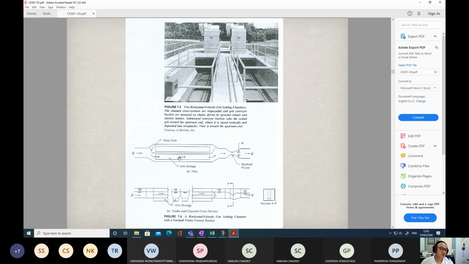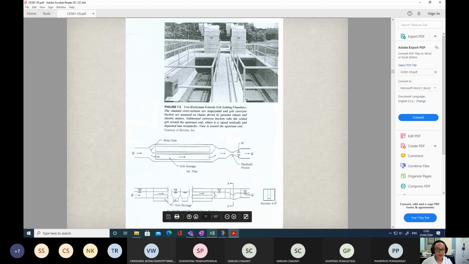For water and wastewater treatment, it's always like that. We normally need to provide at least two chambers. We never use only a single unit for the treatment. As I told you, if we only have one unit and there's something wrong, the community will not have water to be used, or they will not have any treatment facilities to purify the water.